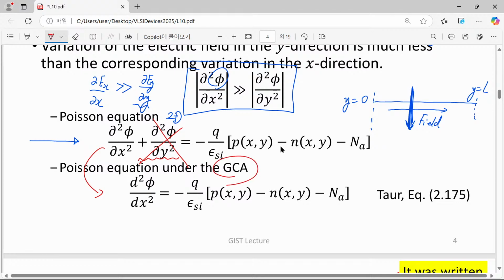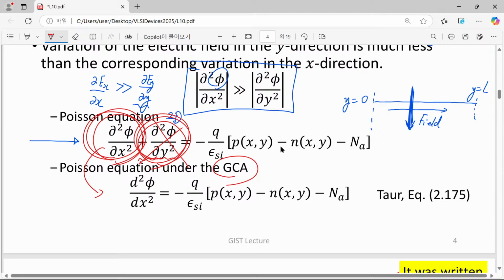Then how can we justify ourselves? Once we have the general numerical solution of our system, then we can justify it when we make a comparison between these two terms. Yes, this one is dominant.